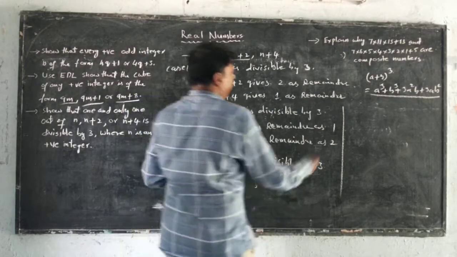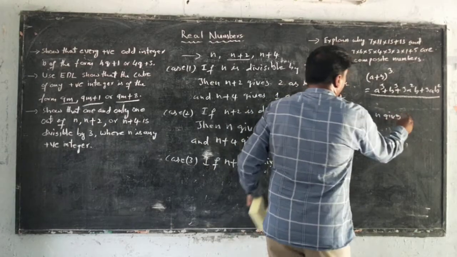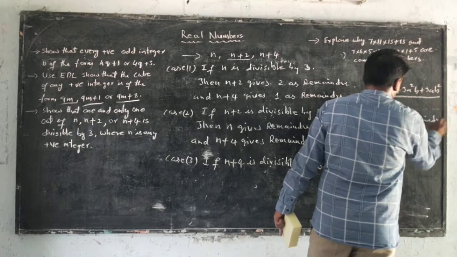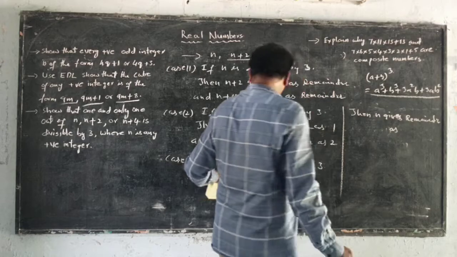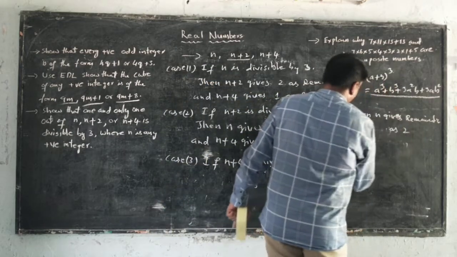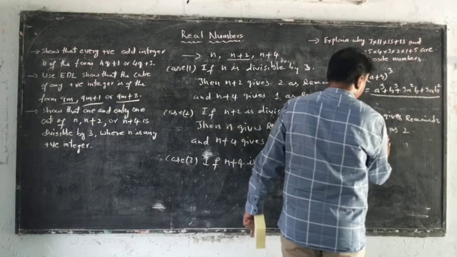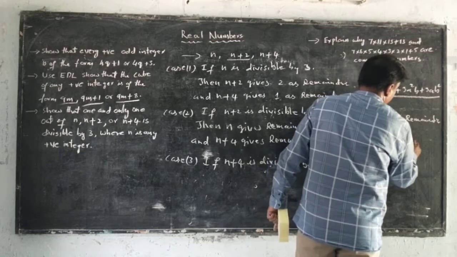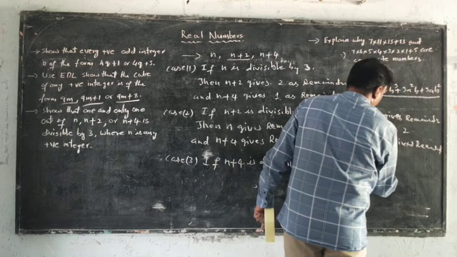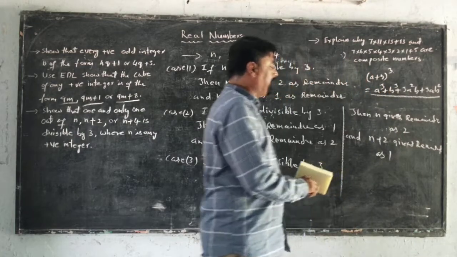Then n gives remainder: n is 5, so when 5 is divided by 3, remainder is 2. And n plus 2 gives remainder 1, because 5 plus 2 is 7, when 7 is divided by 3, you will get remainder 1.